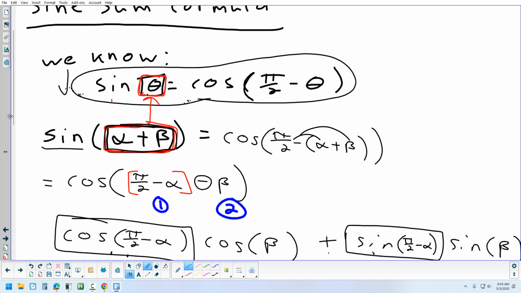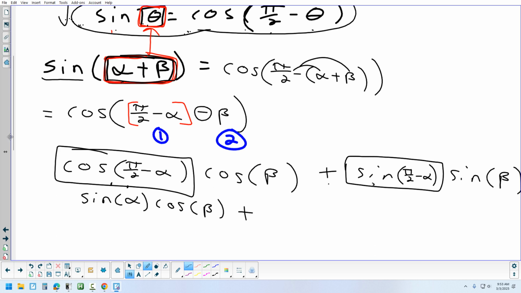If you take cosine of pi over 2 minus theta, you get sine. How about the sine of pi over 2 minus an angle? What do you think you get? That would be just cosine of alpha. Yeah, it would just be cosine. We did not prove that one, but we could.